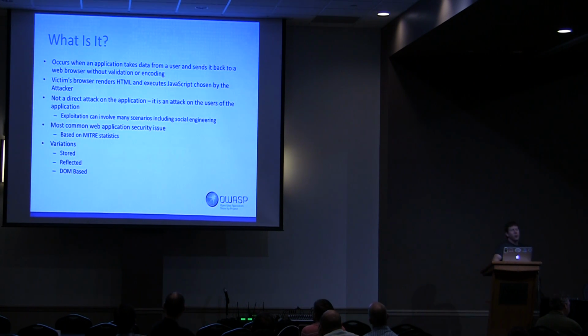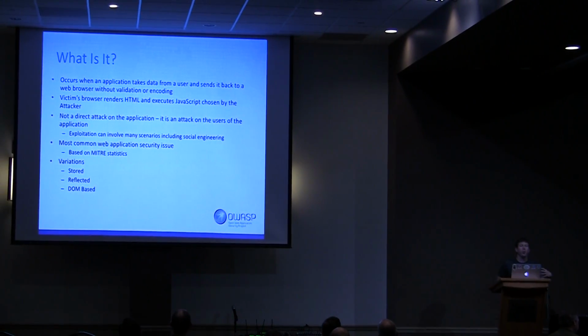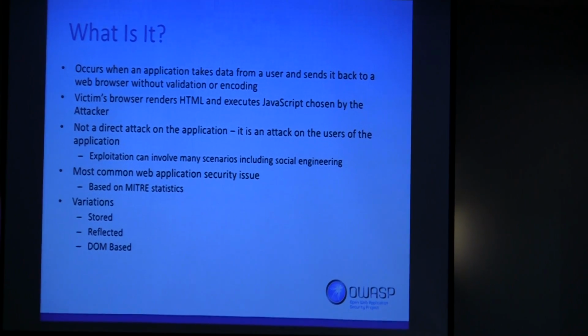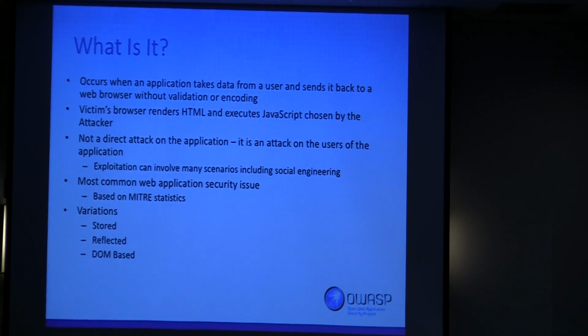So this occurs when an application takes data from a user and sends it back to a web browser without validation or encoding. And the result is that the victim's browser renders this HTML and potentially executes JavaScript that's chosen by the attacker. Again, this isn't a direct attack on the application.